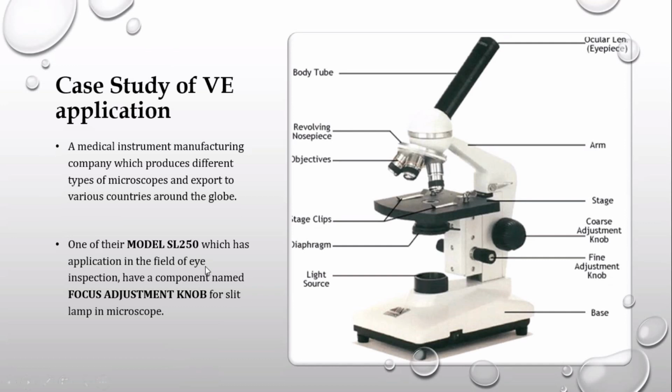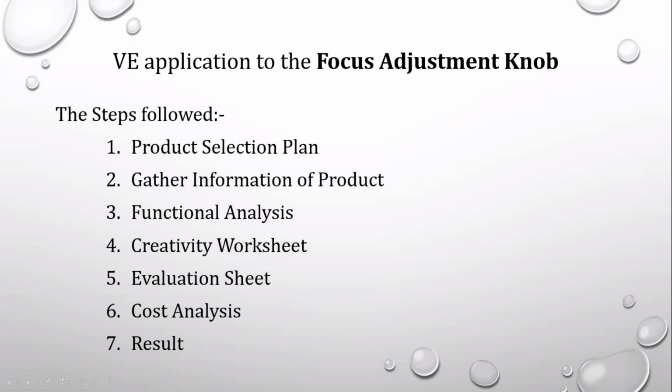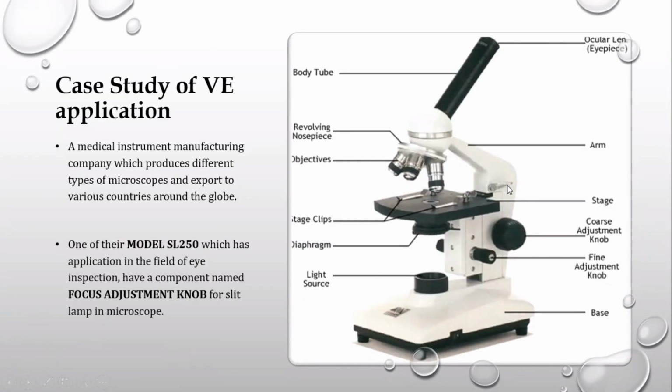And so value engineering application to the focus adjustment knob, right? If you look at just that simple product, because this is assembly oriented, we take various products manufactured separately and assembled, right? So in this particular microscope, we are looking at only the adjustment knob, right? And for that, the cost is felt to be high.